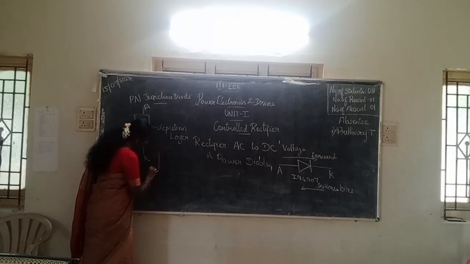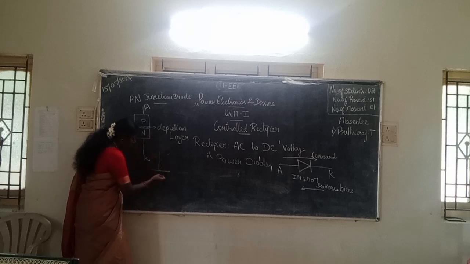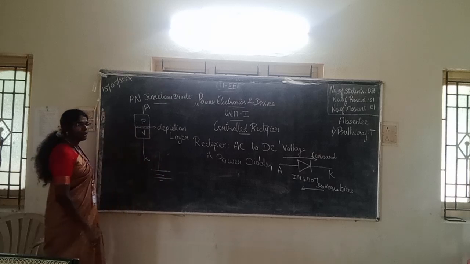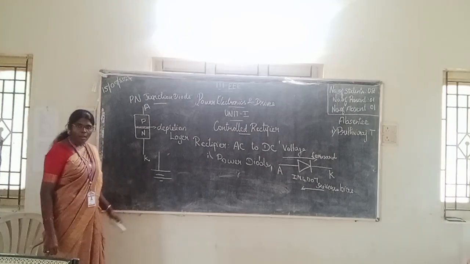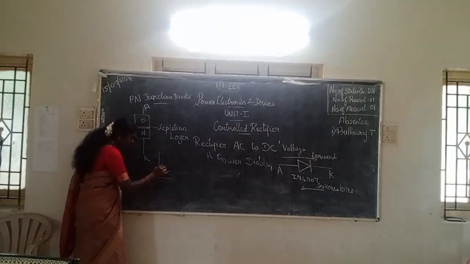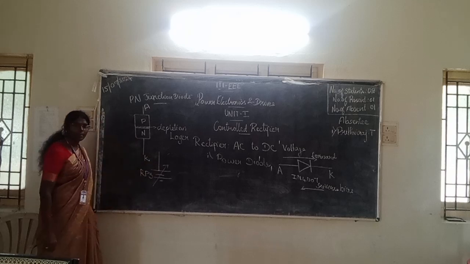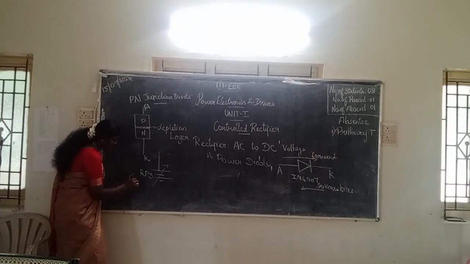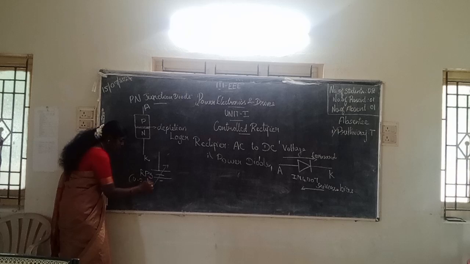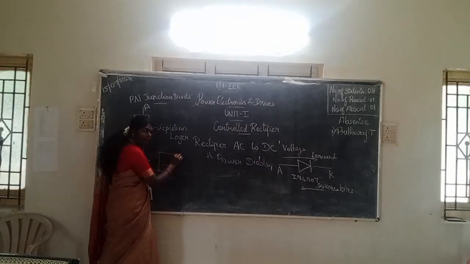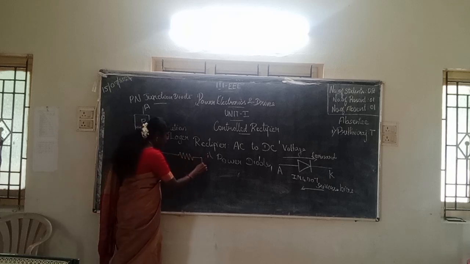So I am going for an experimental setup. For the experimental setup, I am going for a battery, which we can say is a regulated power supply. I can vary the voltage from 0 to 30. Next there will be a resistor. After that, there will be the diode.